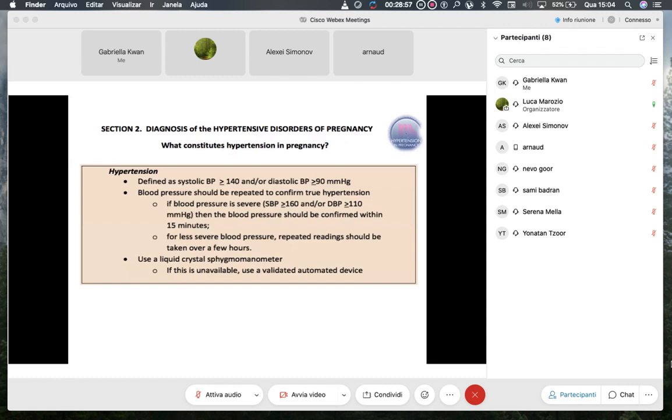Now there are some devices measuring pressure at the fingers, so they're not reliable, particularly in pregnancy. It seems easy, but it's not.